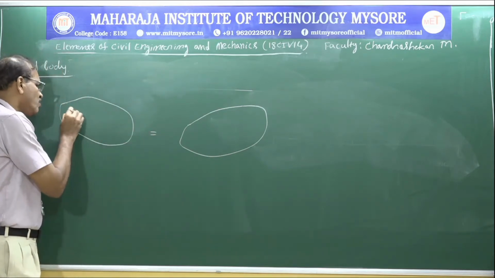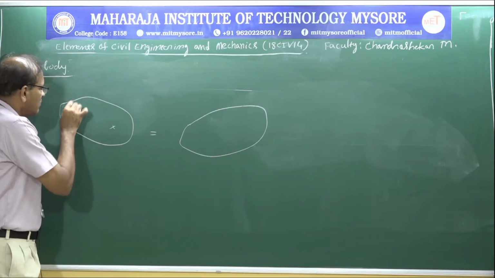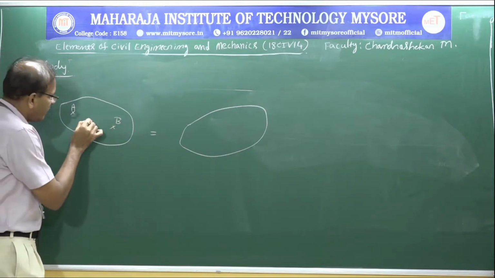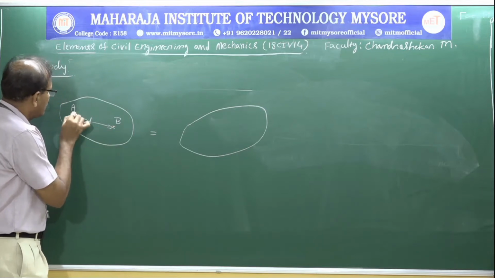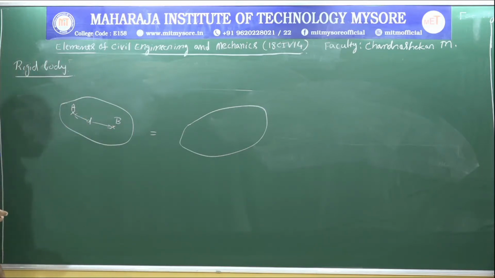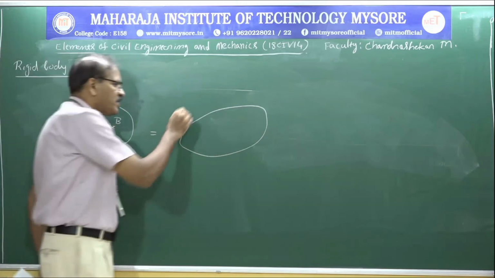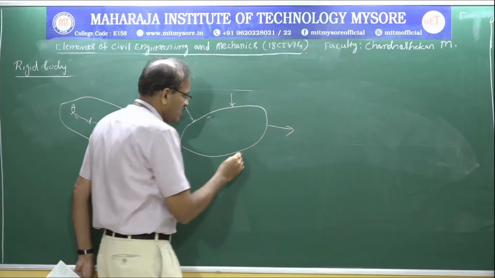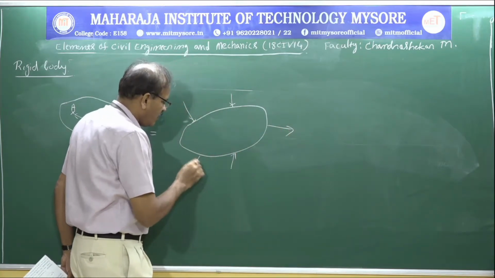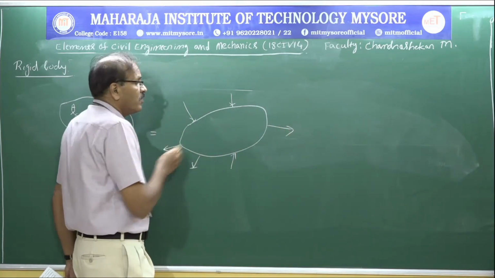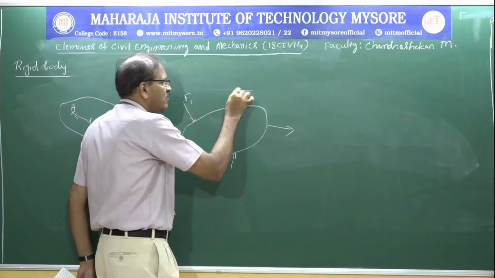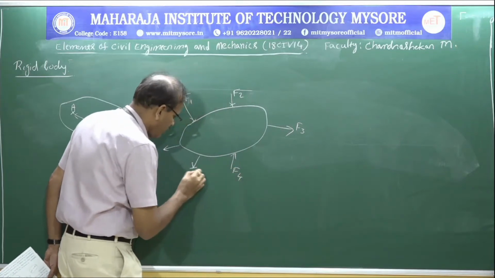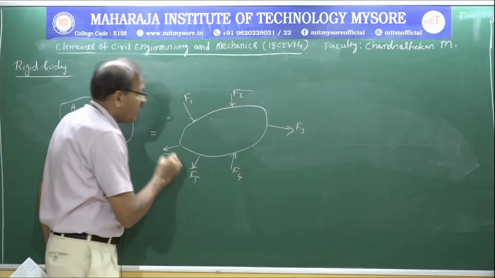If I consider two points A and B, say D is the distance between those two points, let me subject this body to different forces all over, say F1, F2, F3, F4, F5, F6.